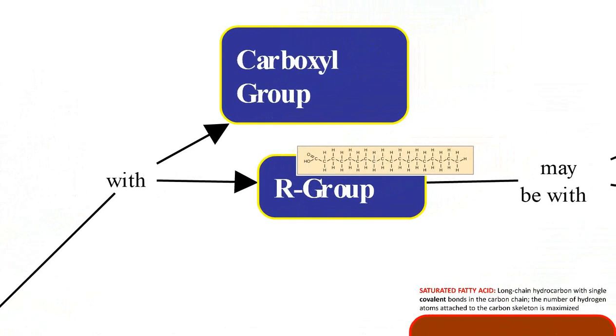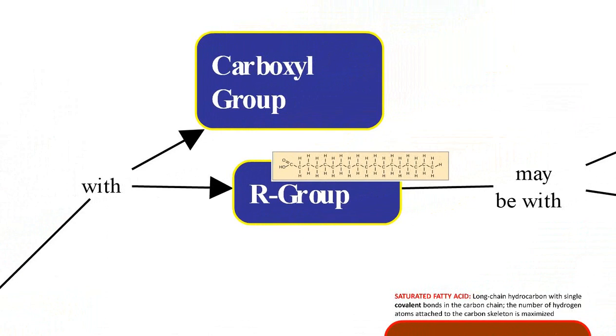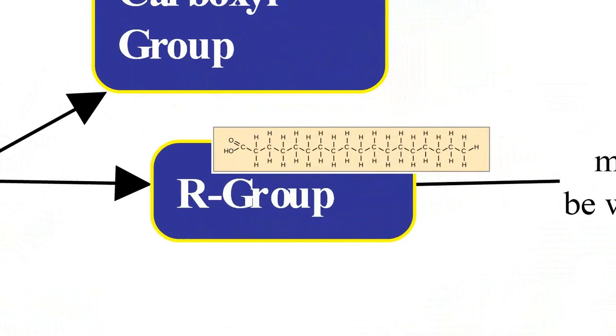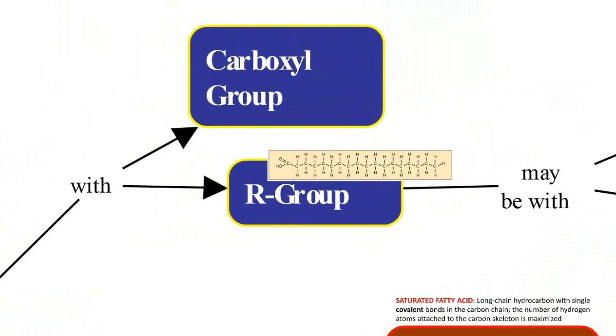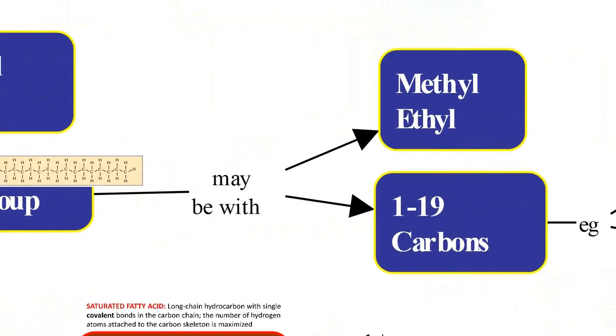This fatty acid, which contains carboxylic acid as the functional group, also contains an R side chain, the R group. This R group may be a single methyl or ethyl group, or it may contain an aliphatic hydrocarbon with 1 to 19 carbons.